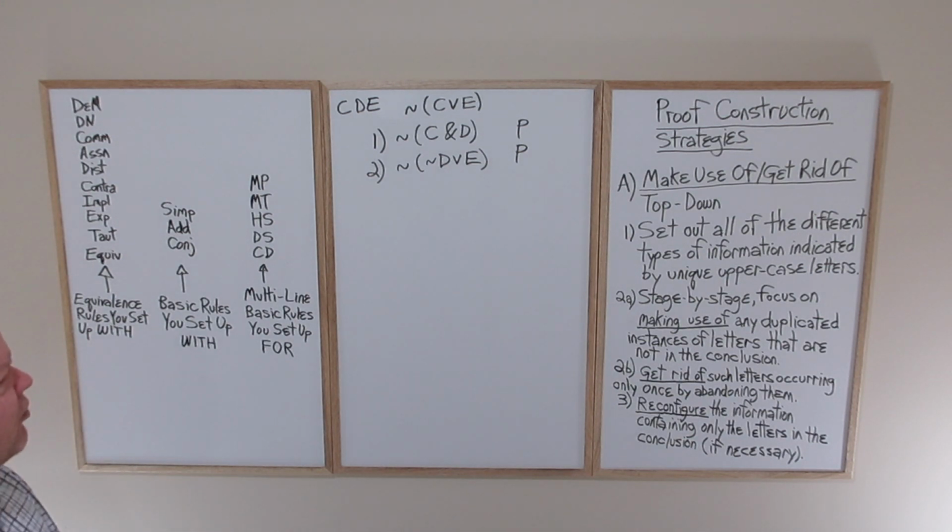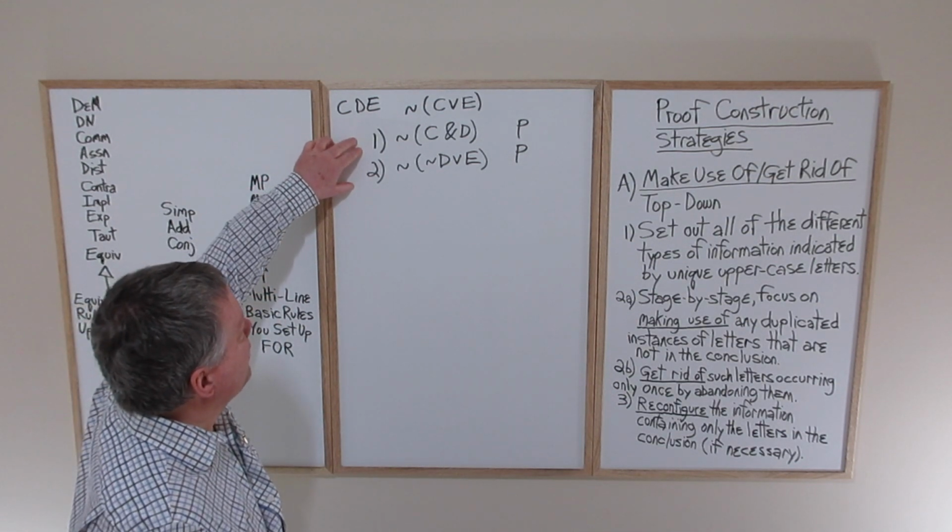So, we start this proof. We're not just blindly looking for rule employment opportunities. Rather, we're focused on the sub-goal, now that we've ascertained that we've got C, D, and E related information. C and E related information is in the conclusion, of making use of the D related information.